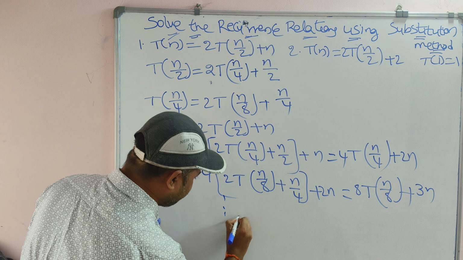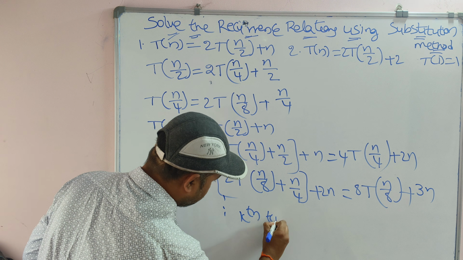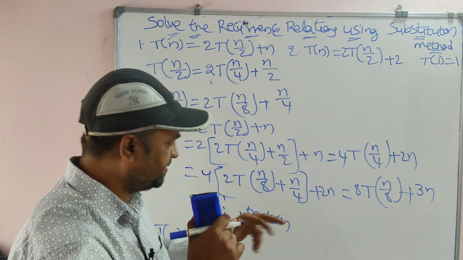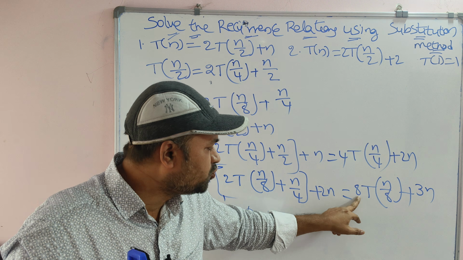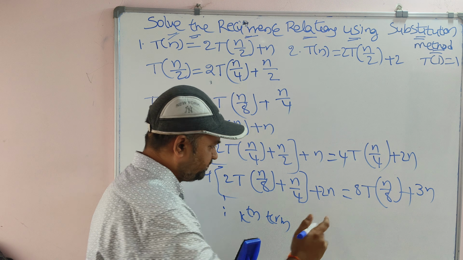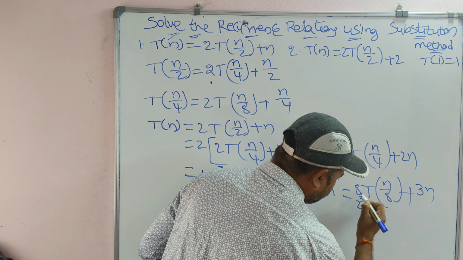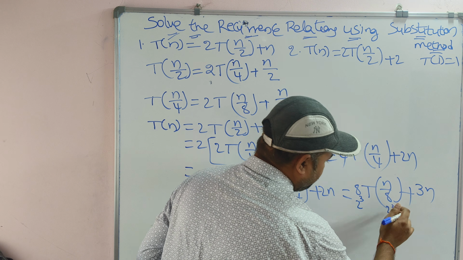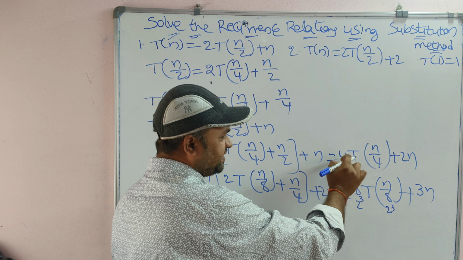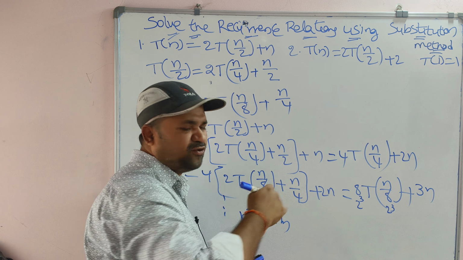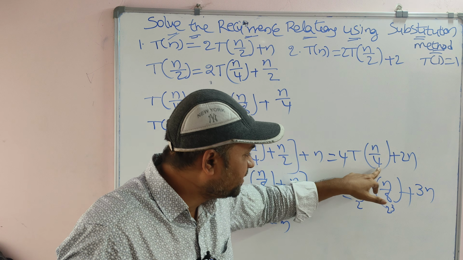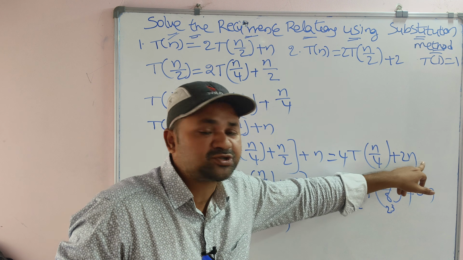So on, what is the kth term? T(n) equals, if you see here, we can write this as 2^3 into T(n/2^3) plus 3n. Here we have 2^3 and 3n. We can write 4 as 2^2: 2^2 into T(n/2^2) plus 2n.